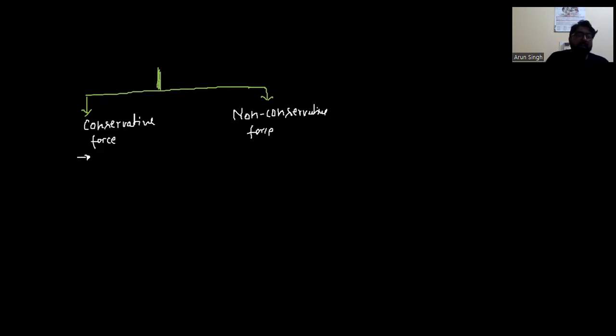Conservative force and non-conservative force. So first we are going to the definition. What is the definition of conservative force? Which do not dissipate any kinds of energy in mechanical process.